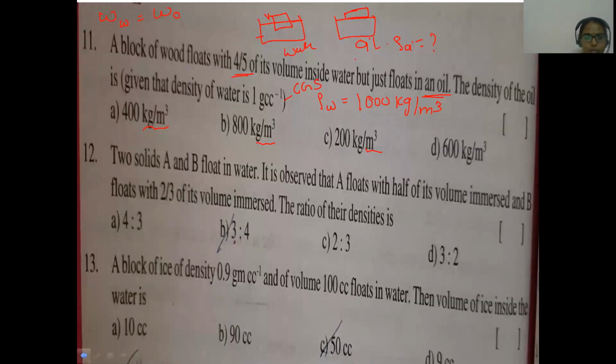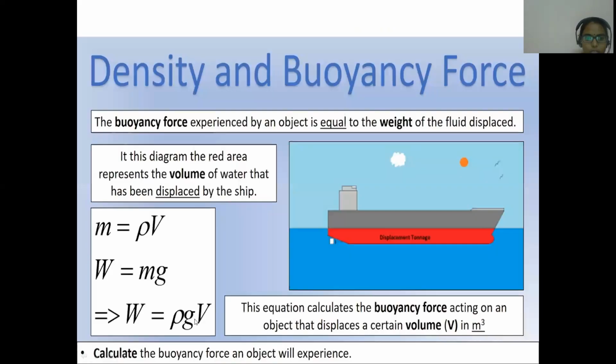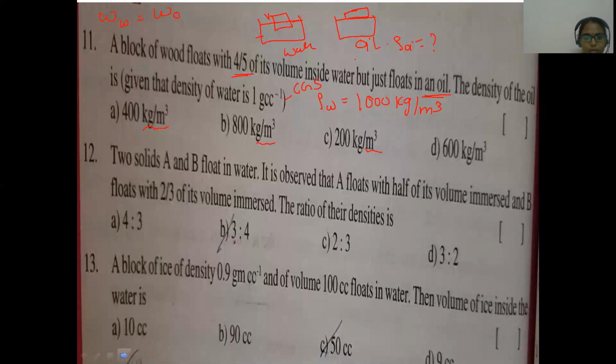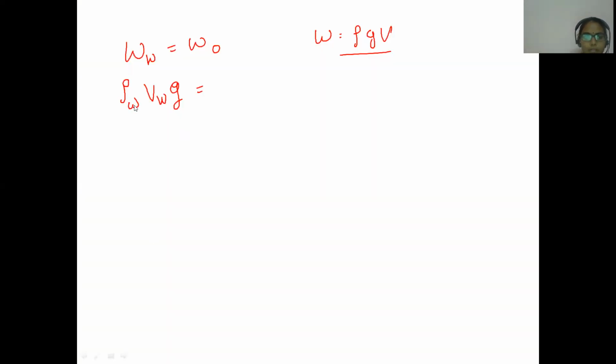So W equals density in water times volume in water times gravity, equals density in oil times volume in oil times gravity. Observe the left hand side and right hand side: g will be the same, so we can cancel the factor g.